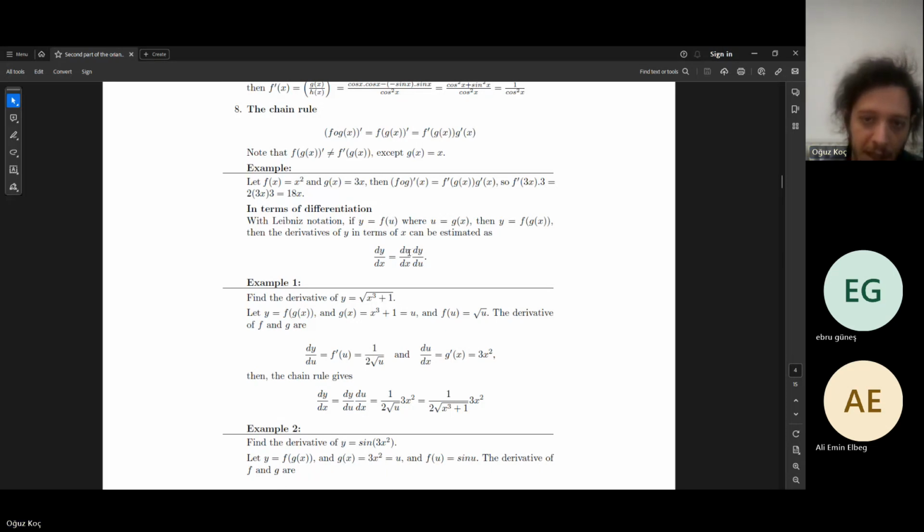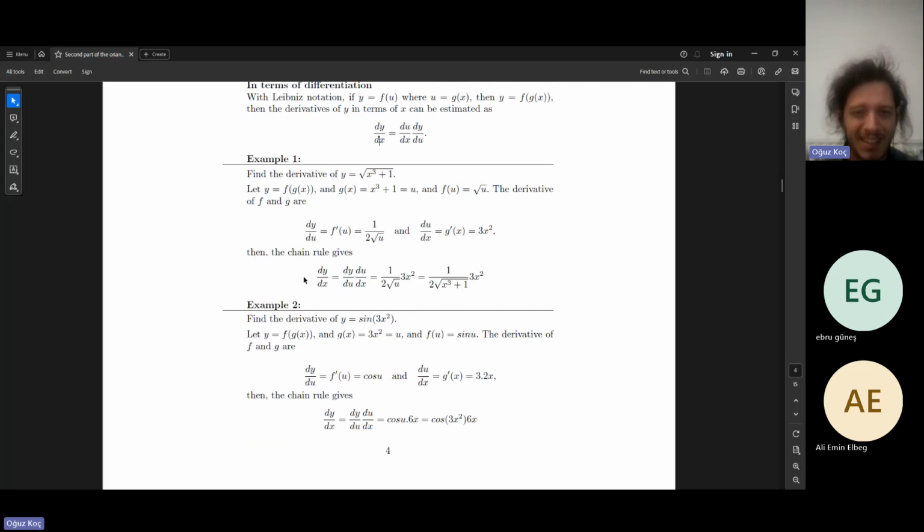This is the differential of u, and in this part we take the derivative of u in terms of x, and in this part we take the derivative of y in terms of u, and then we just multiply them. It gives you the derivative of y in terms of x.